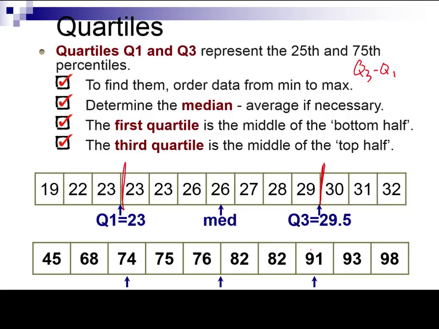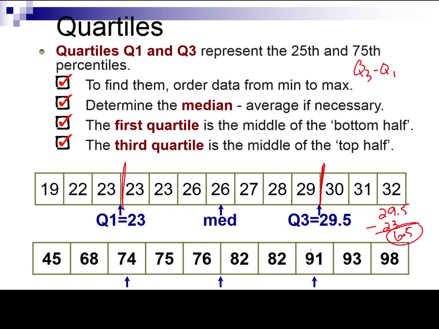Okay, but because there's outliers, do I really care about the edges? No, I want that middle bulk of the data. So what I would do is take 29.5 and subtract from that 23. So that means that my IQR is 6.5. Questions there? Simple enough?